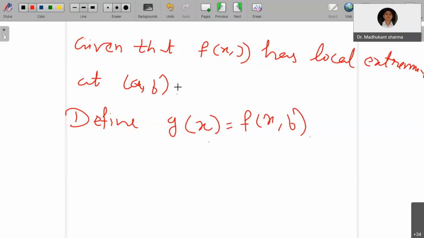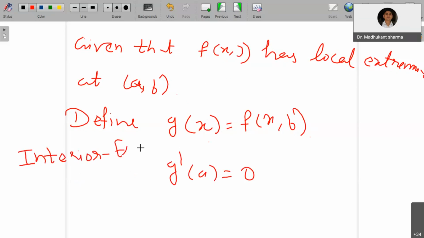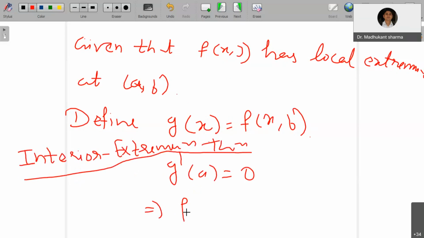So the interior extremum theorem tells you that g dash of a is 0. But what is g dash of a? It's nothing but f x at a comma b equals 0, by the chain rule.